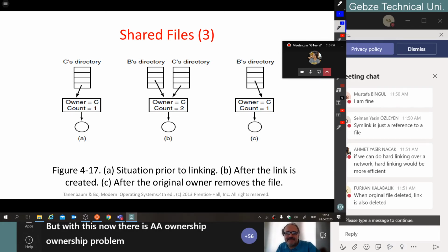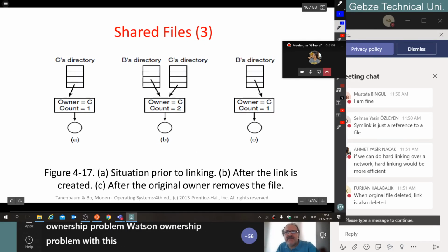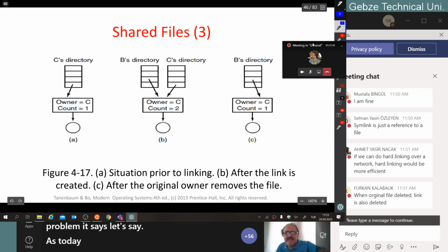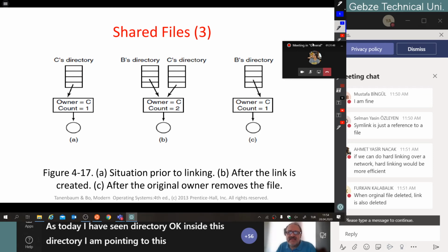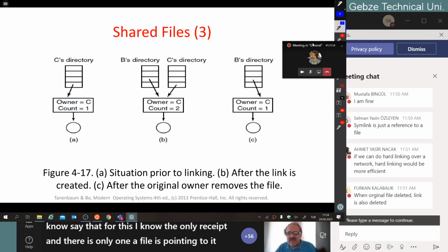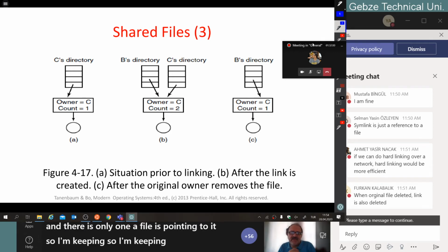Let's say I have a CS directory. Inside this directory, I am pointing to this inode, and the inode says that the owner is C, and there is only one file pointing to it. So I am keeping the count of references to the inode.